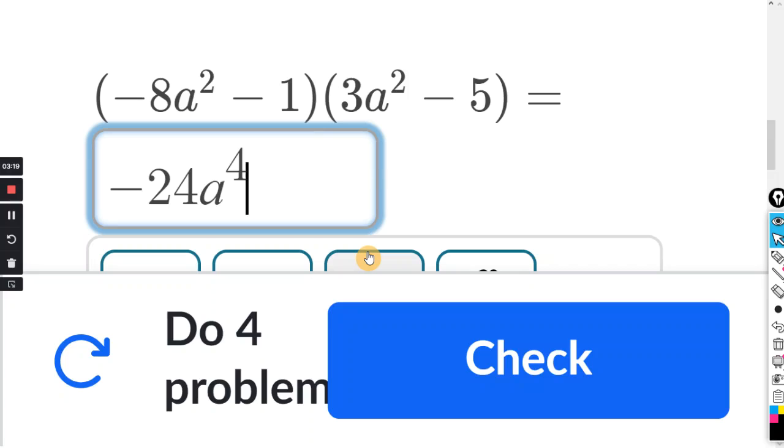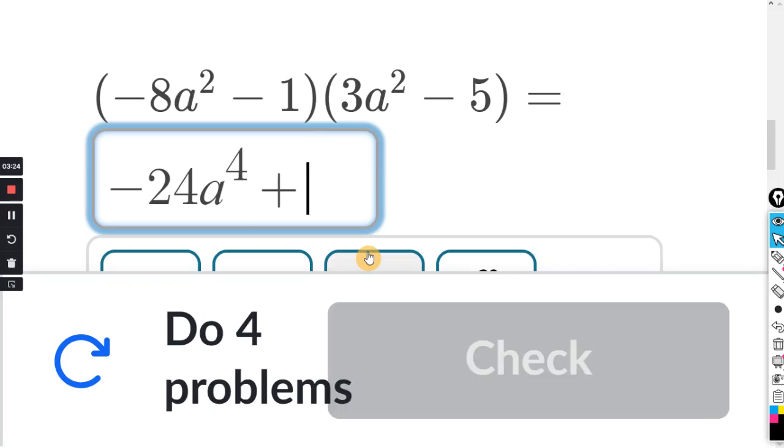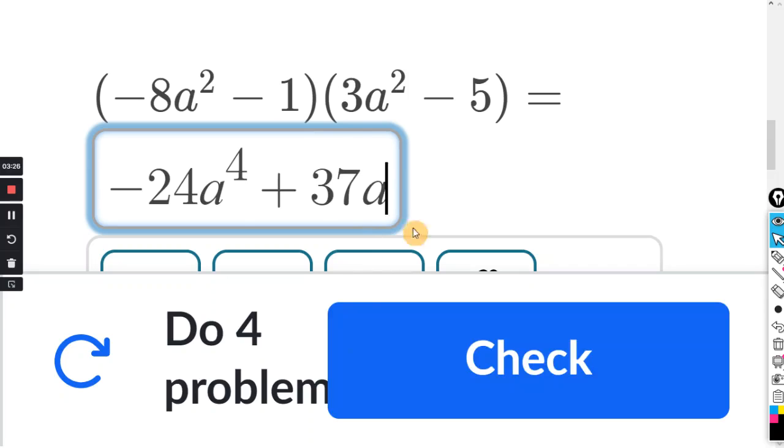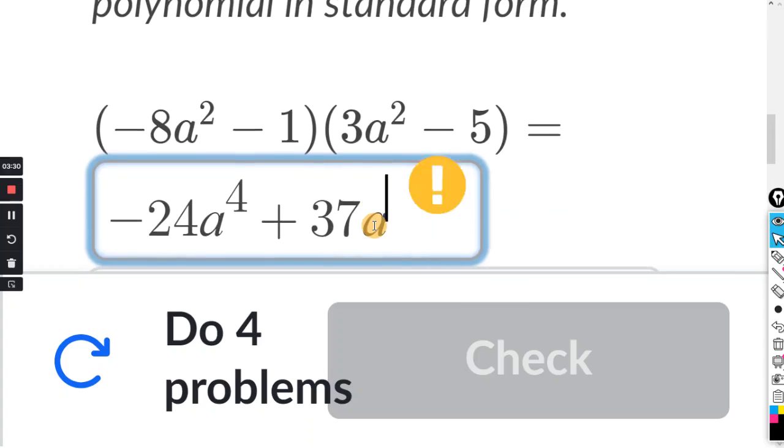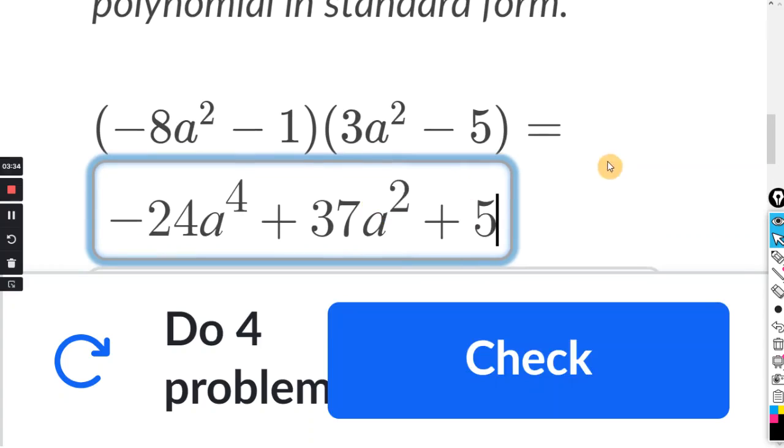And then hit the right arrow key. And then we have positive 37a squared. So this is the exponent button, squared. Hit the right arrow key and then plus 5. So negative 24a squared. Let me see. No, that's correct.